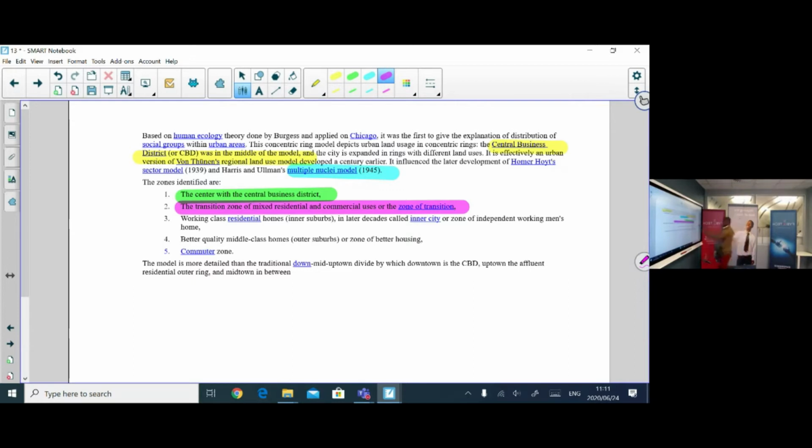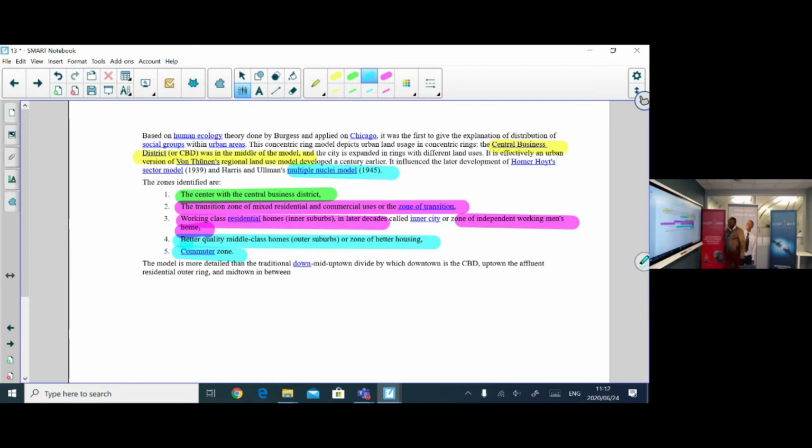Next is the ring of working class residential homes, inner suburbs, in later decades called inner city, or zone of independent working men's homes. Followed by the better quality middle class homes, outer suburbs or zone of better housing. And the fifth one is what we call the commuter zone.